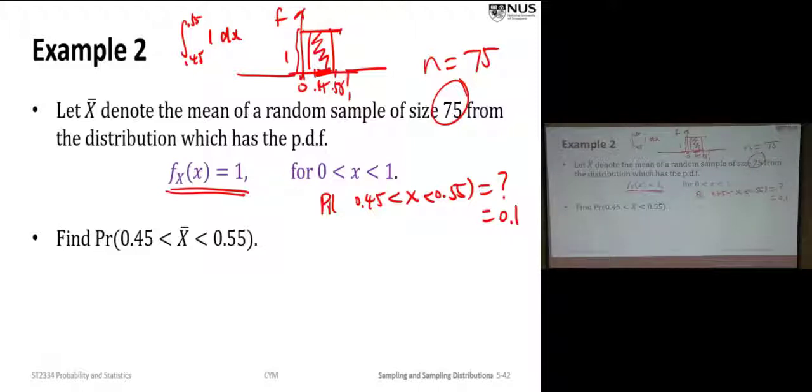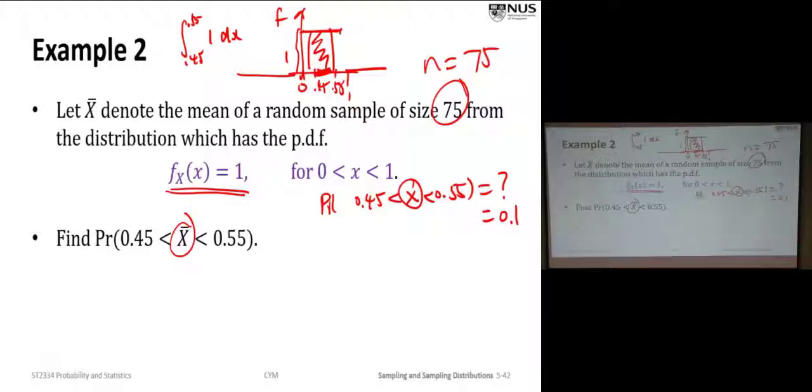Then what is the probability of x bar falling between 0.45 and 0.55? Is it still 0.1? No, because in the previous case x refers to an individual observation taken from the population, just one of them.